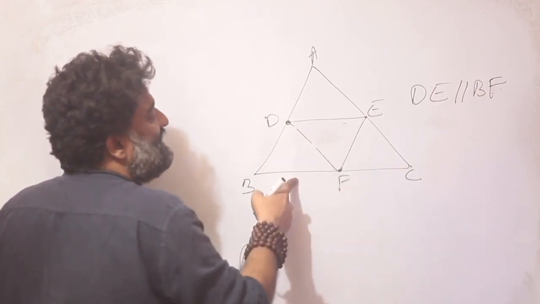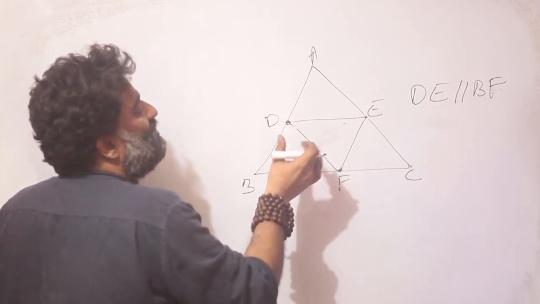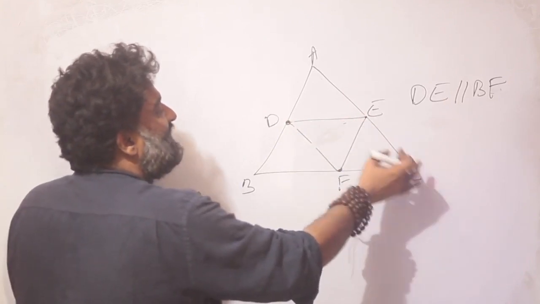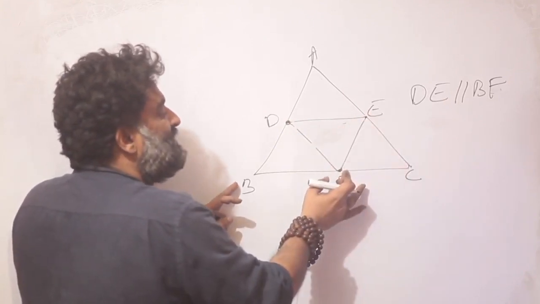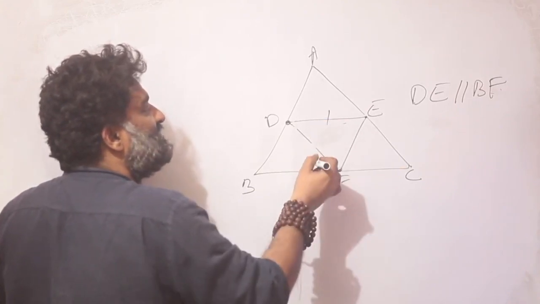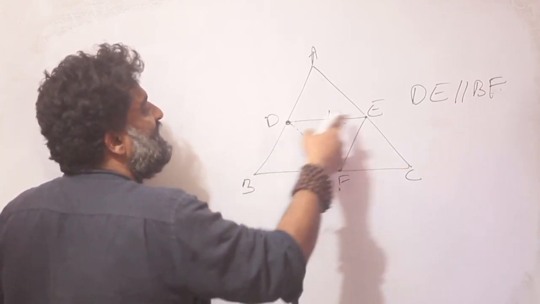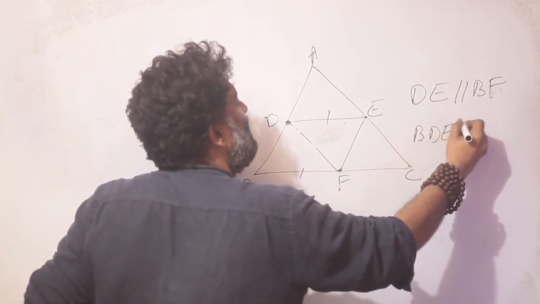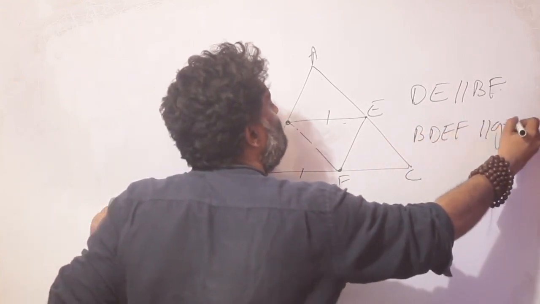So the opposite sides are parallel to each other. It was also given to you that DE is half of BC. That means DE is equal to BF. So you know this is equal to this. That means not only BDEF is a quadrilateral, BDEF is a parallelogram.